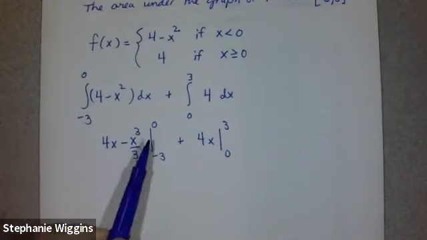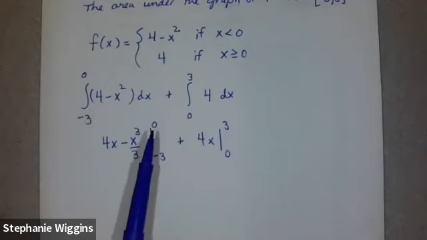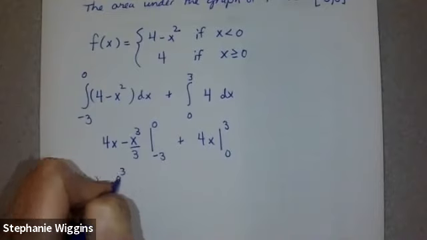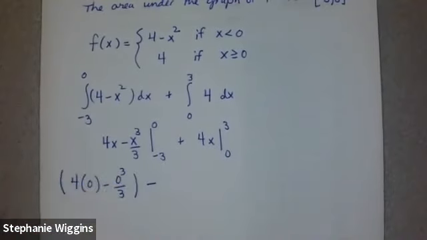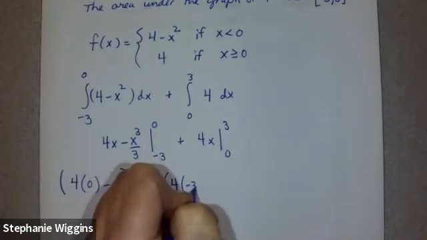So you're going to plug in the top number, and you always plug in the top number and subtract what you get when you plug in the bottom number. So it's going to become 4 times 0 minus 0 cubed over 3, and then you're going to subtract from that what you get when you plug in -3.